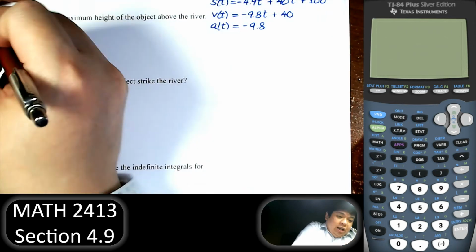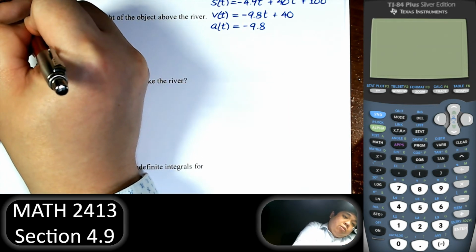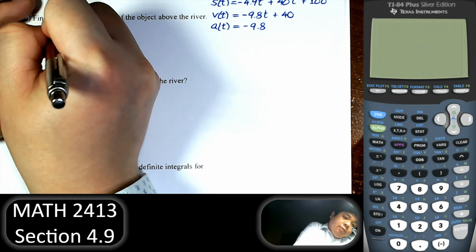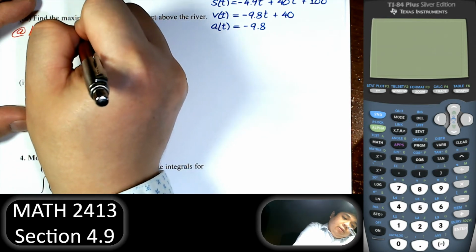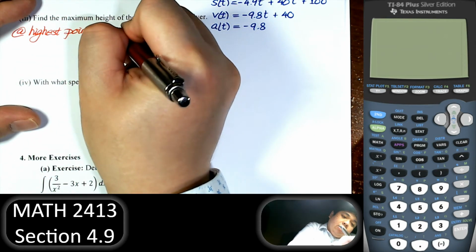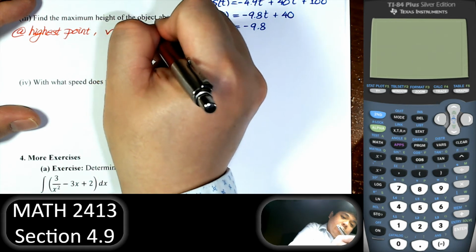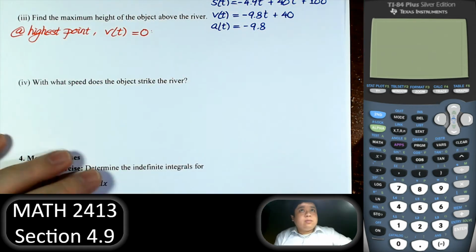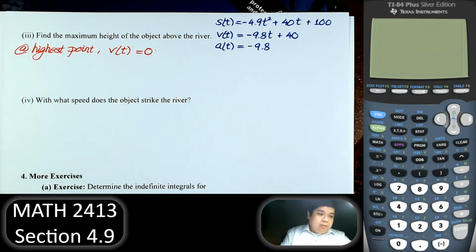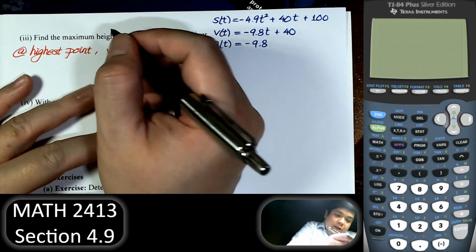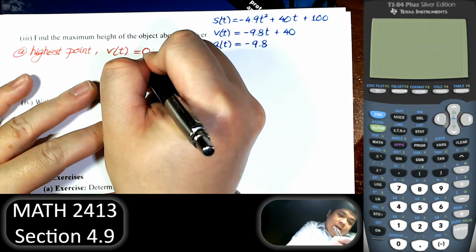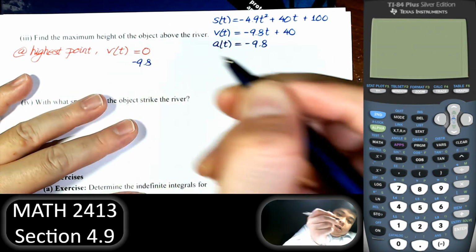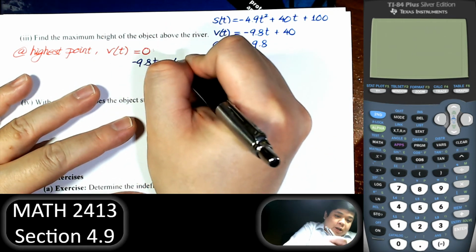So we said at the highest point, velocity is equal to 0. So we have negative 9.8 t plus 40 equal to 0.